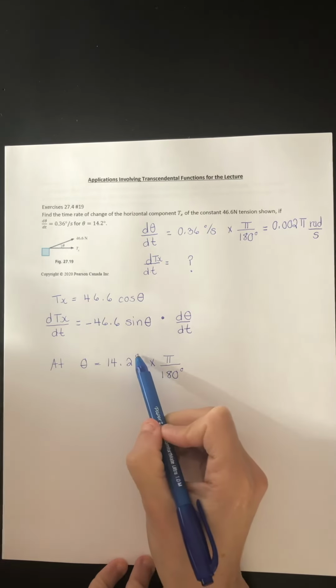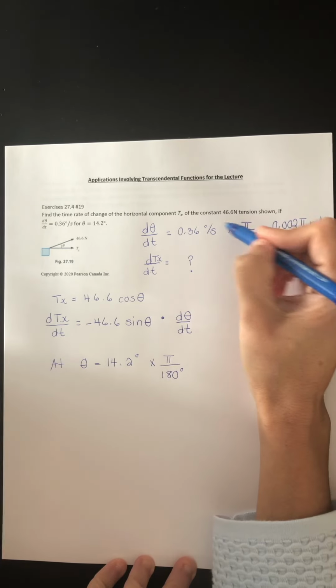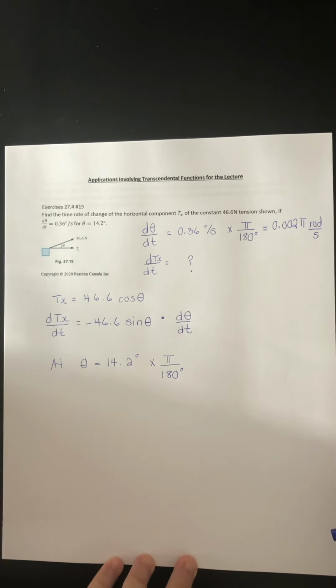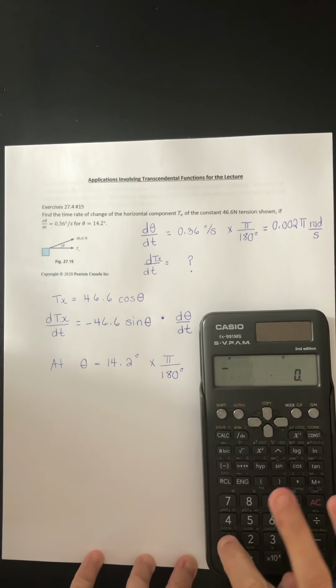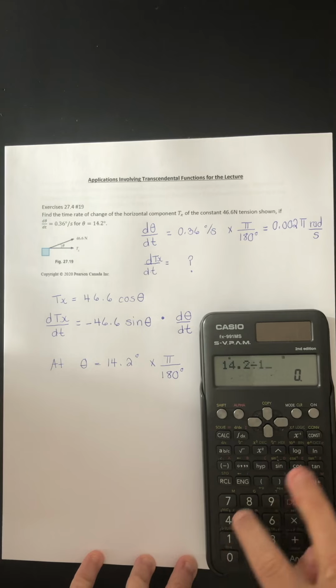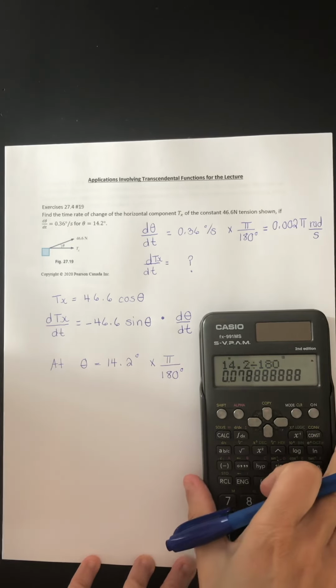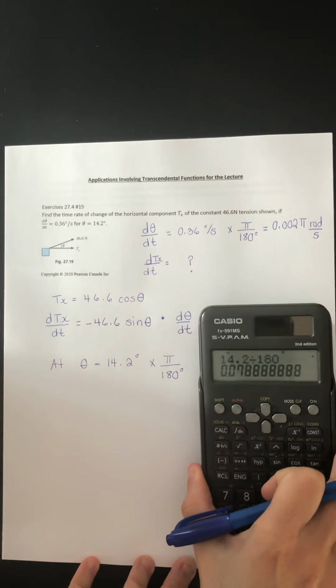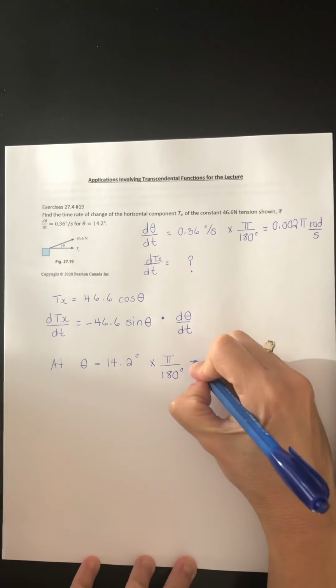You see that in doing so, of course, the degrees would cancel. Same thing here. Okay, and then we end up with radians. So let's do the 14.2 divided by 180. Okay, so that's this number right here, 0.078 repeated.